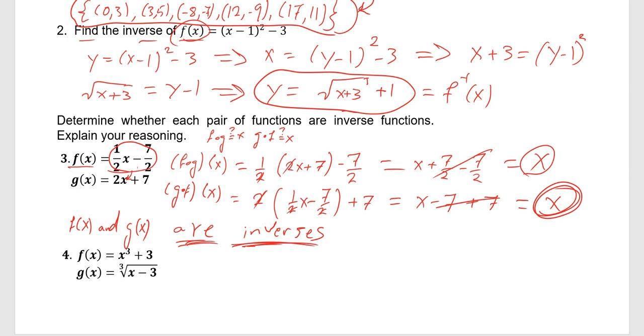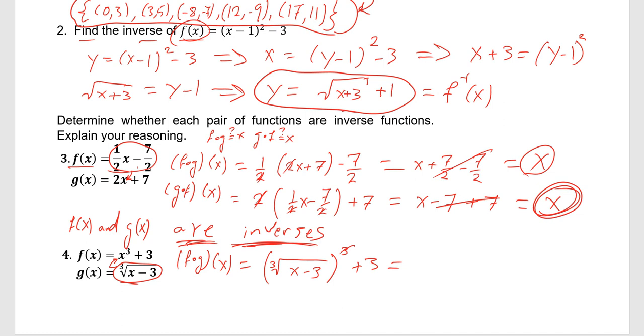Okay? Last exercise. f of x equals x cubed plus 3. g of x equals the cubic root of x minus 3. So again, we just follow the same process. So find f of g of x, which means plugging in g into all x's in f of x, which is going to give us the cubic root of x minus 3, cubed, right, because it's plugged into x that is raised to the third power, plus 3 equals.